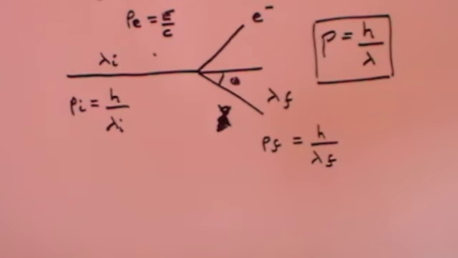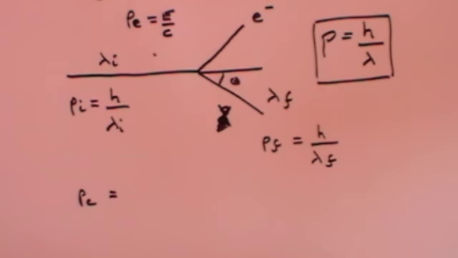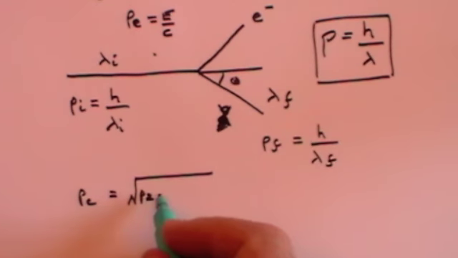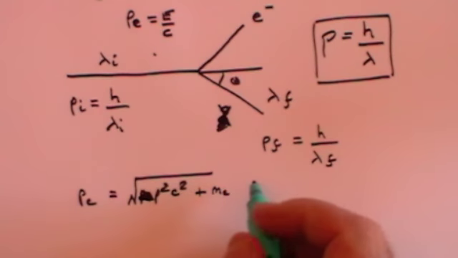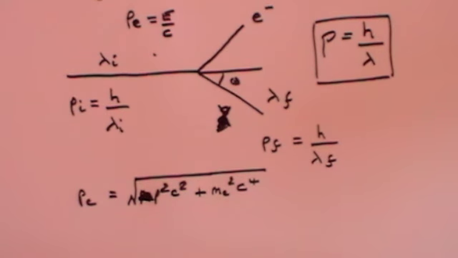The total special relativity energy is given by the square root of p squared c squared plus the mass of the electron squared c to the 4th.